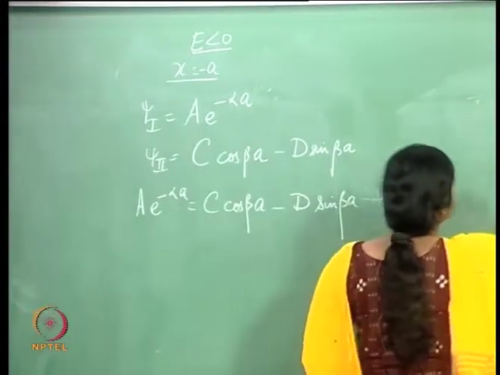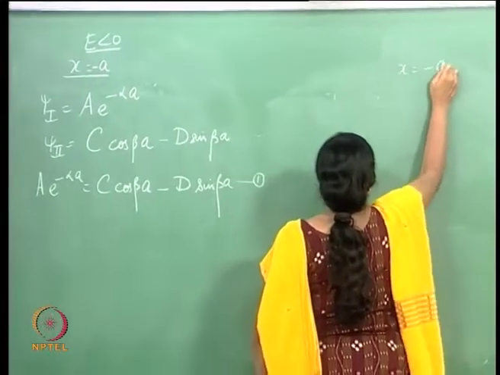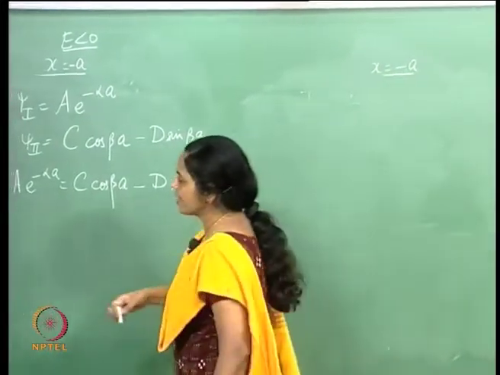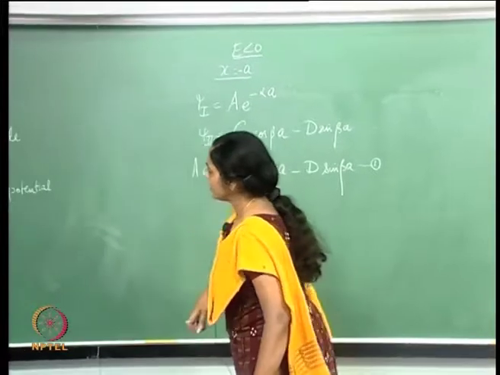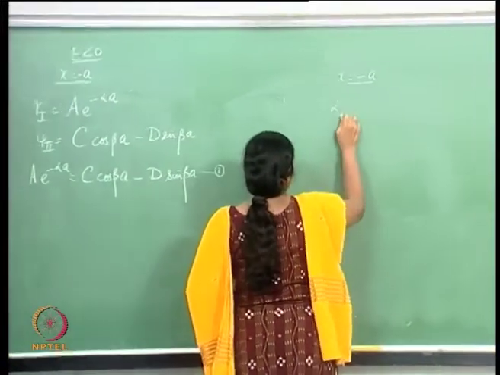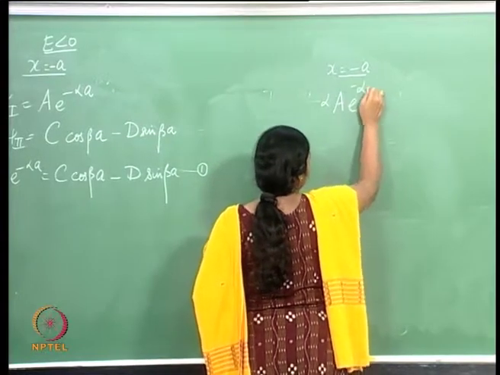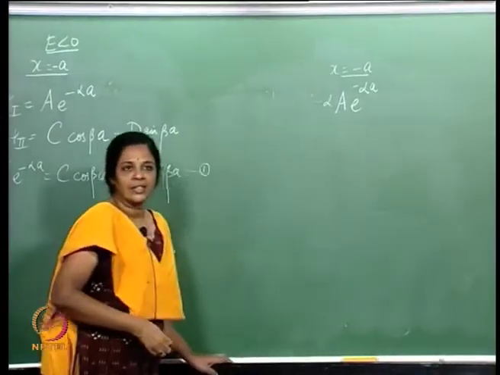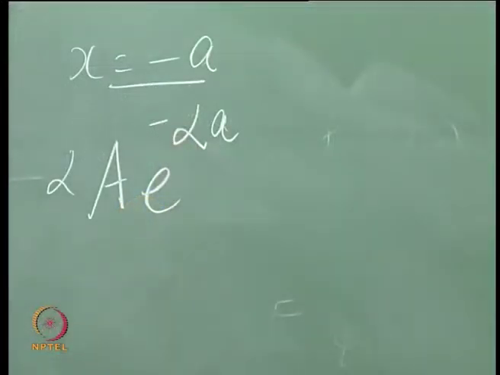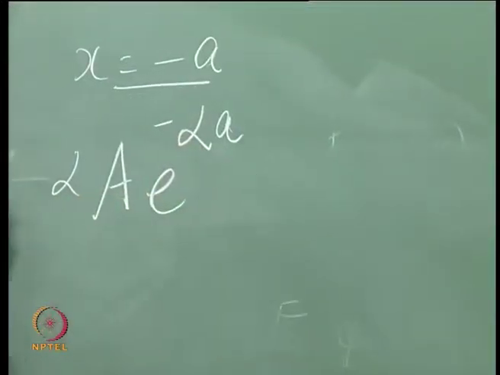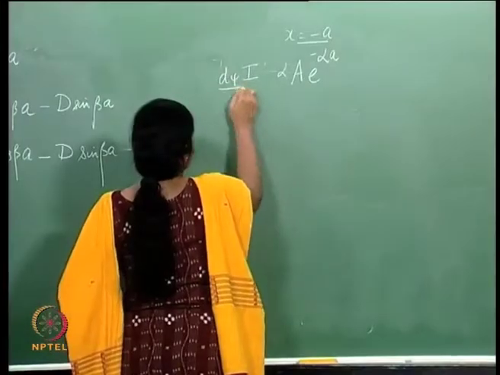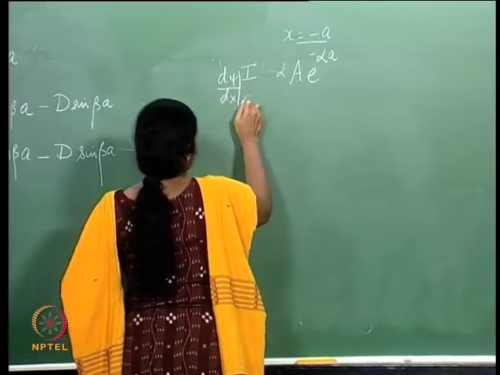Now look at the derivatives. At x equals minus a, the derivative there is alpha A e to the alpha x at x equals minus a. So I have alpha A e to the minus alpha a. This is for region 1. That means d psi by dx at x equals minus a.